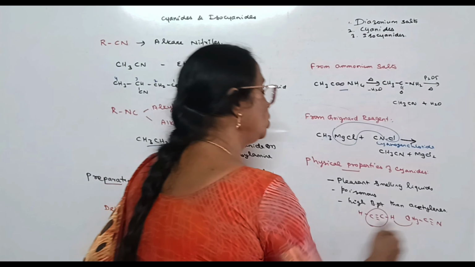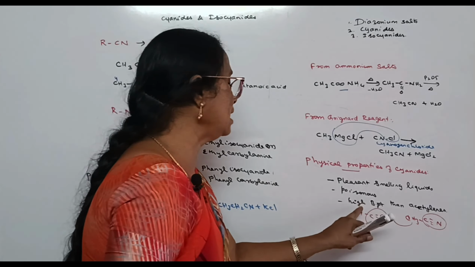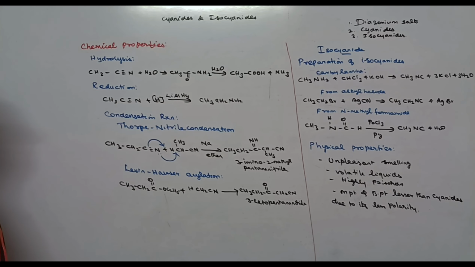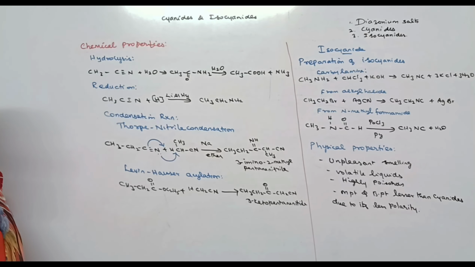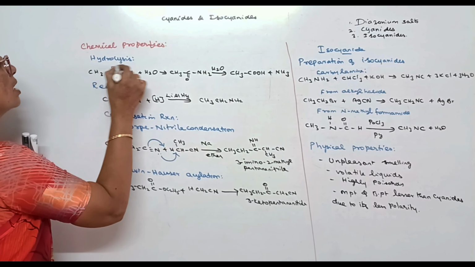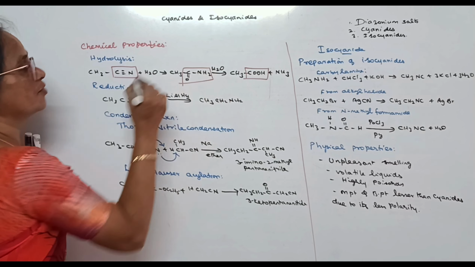So here, due to the greater polarity of the CN group, nitriles have higher boiling point than acetylenes. Chemical properties of cyanides. First property, hydrolysis. We know well, cyanides may undergo complete hydrolysis to form carboxylic acid through the formation of amide.